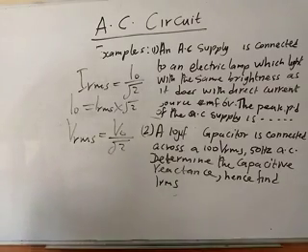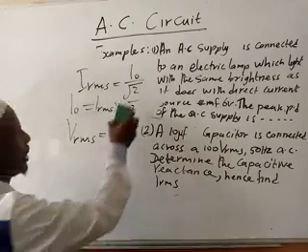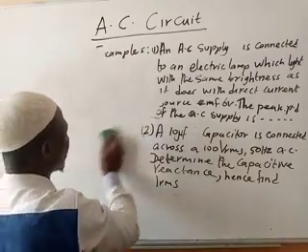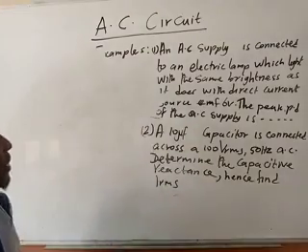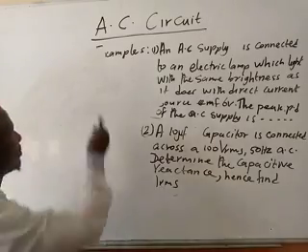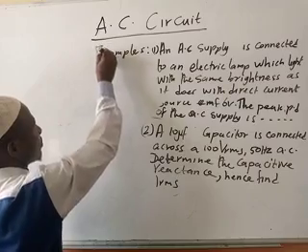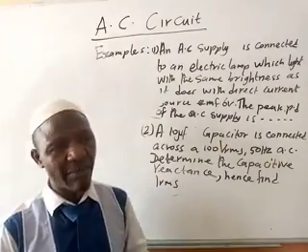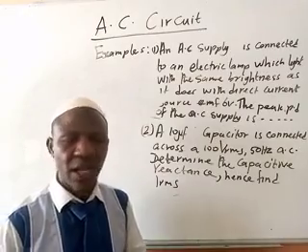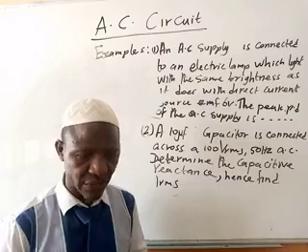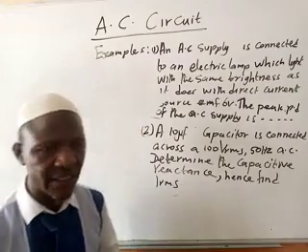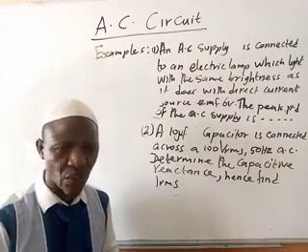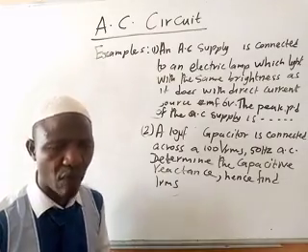Now let's go on to the main part of the topic. Under AC circuit, in the direct current circuits we did before, we could only have a resistor in the circuit. But when we are talking about AC circuit, it's not only the resistor that opposes the flow of current.